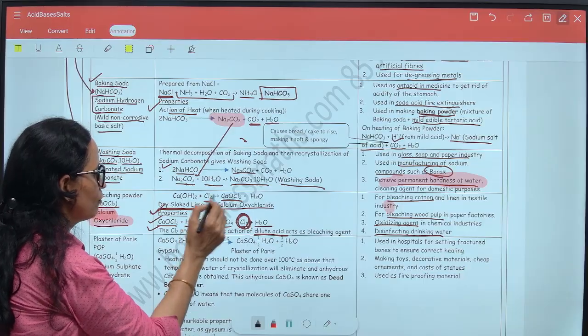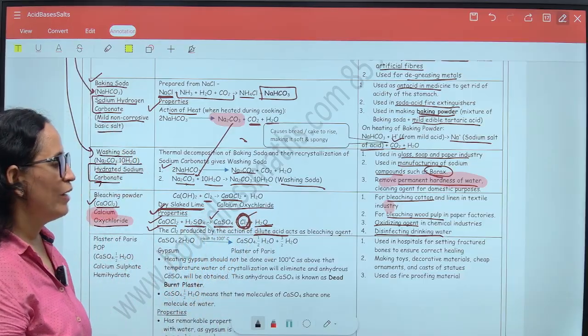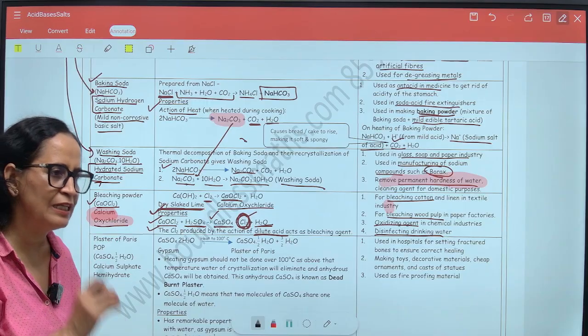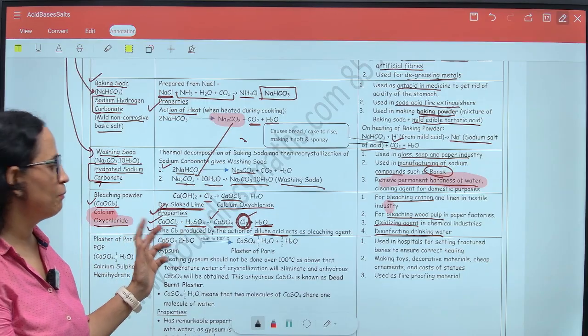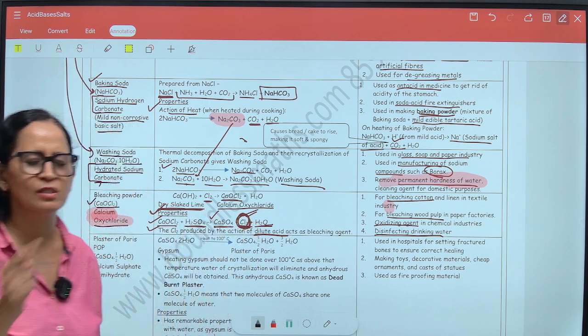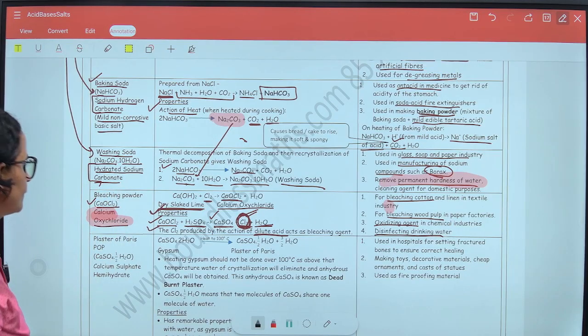CaOCl2 plus H2SO4 gives CaSO4, chlorine and water. So whenever any kind of bleaching is to be done, a very dilute acid is also added to the bleaching powder so that this chlorine gets liberated, and this chlorine is responsible for the bleaching property of bleaching powder, right?